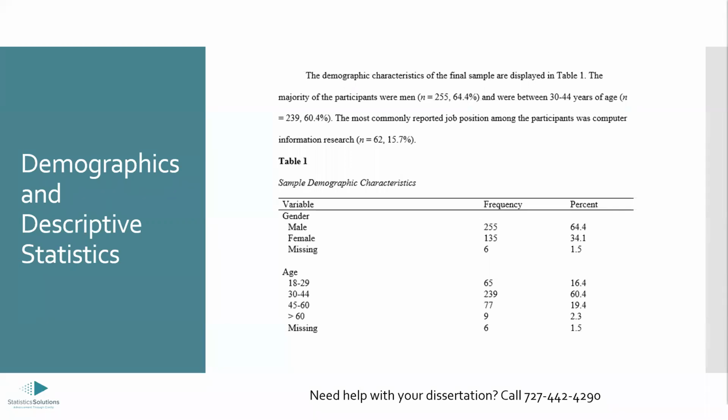Similarly, you don't want table 1 to appear before you reference it in the text. So you do want to make sure that you provide appropriate references to your tables in the text.